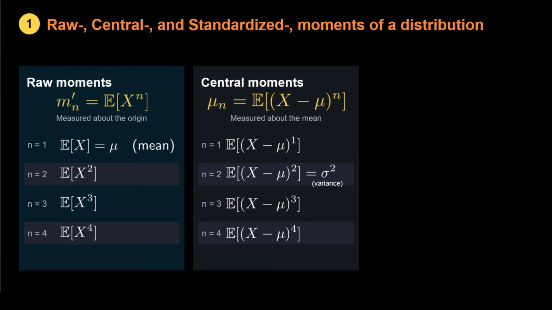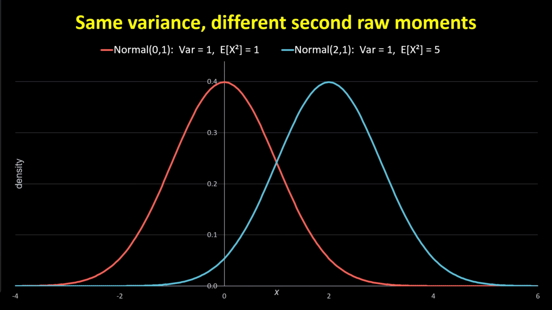Let's focus for a moment on the difference between the second raw moment and the second central moment. In this plot, you see the distributions of two random variables. So we have two distributions that have the same variance, the same second central moment, but different second raw moments.